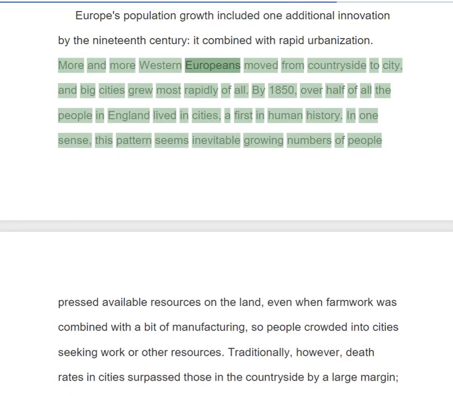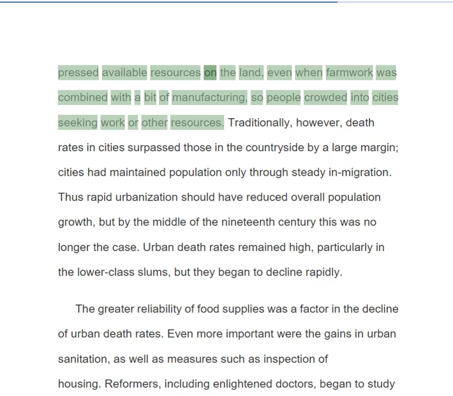More and more Western Europeans moved from countryside to city, and big cities grew most rapidly of all. By 1850, over half of all the people in England lived in cities, a first in human history. In one sense, this pattern seems inevitable: growing numbers of people pressed available resources on the land, even when farm work was combined with a bit of manufacturing, so people crowded into cities seeking work or other resources.